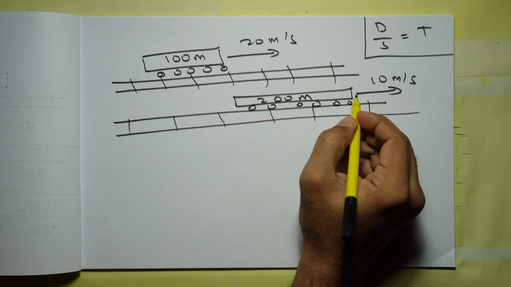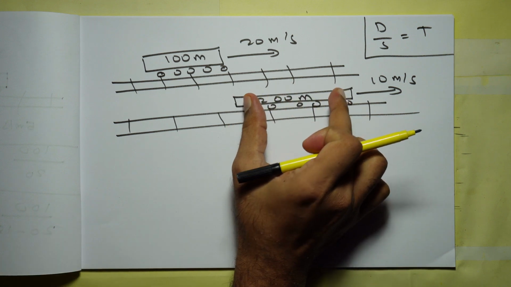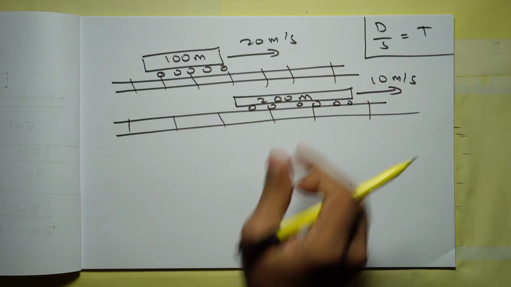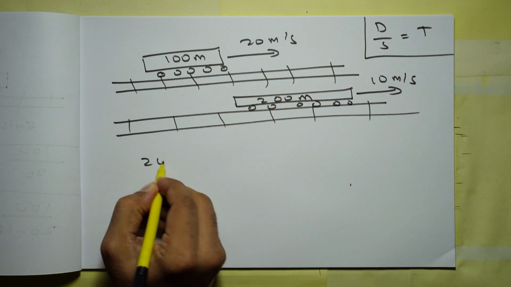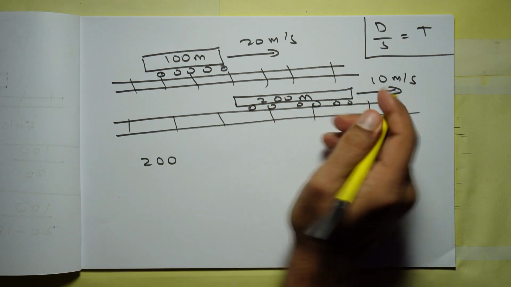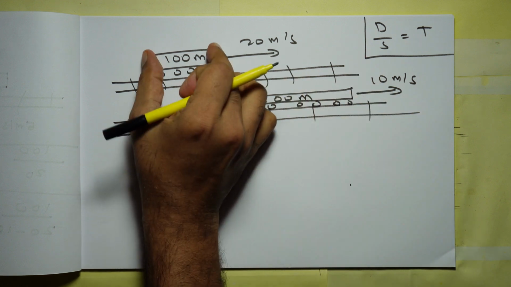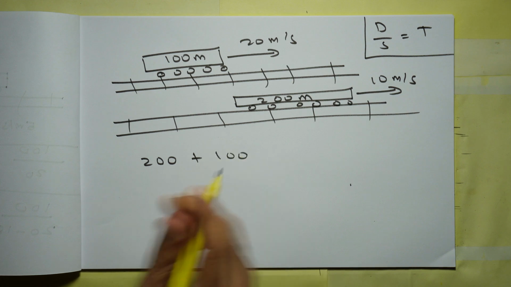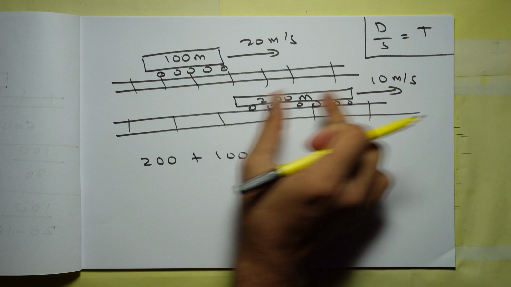Now to overtake this train, first the length of the slower train has to be moved. First this 200 meters have to be moved, then they will become equal. So distance to be moved is initially 200 meters, that's the length of the slower train, then they will become equal. Then after that its own body length 100 has to be moved. So to overtake, this train has to be completely ahead of this train.